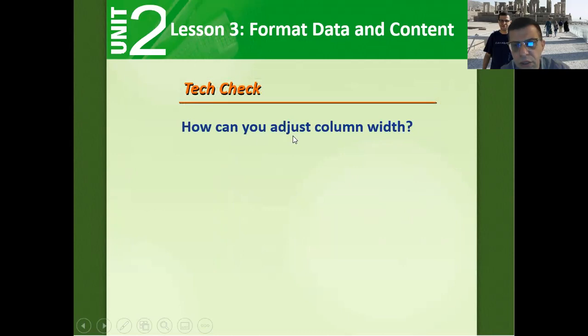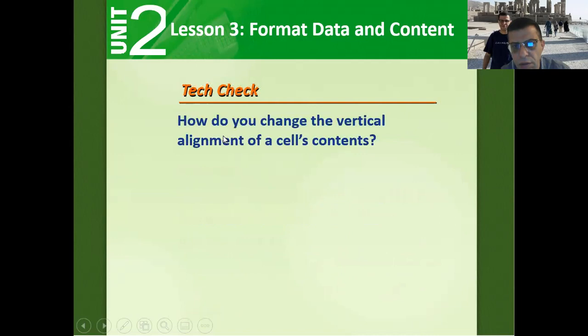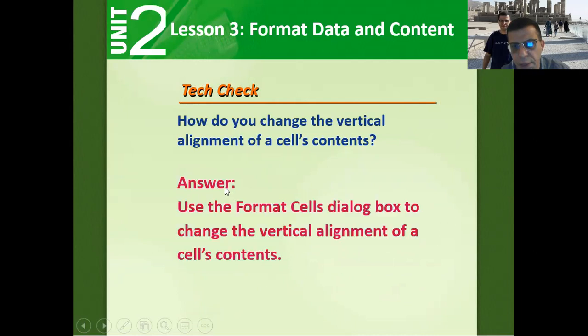How can you adjust a column width? That's the tech check. To adjust the column width, drag the line between the column headings, double click the line between the column headings to auto fit them, or use the format menu in the cell group. How do you change the vertical alignment of a cell's content?